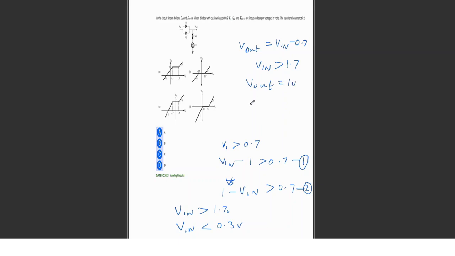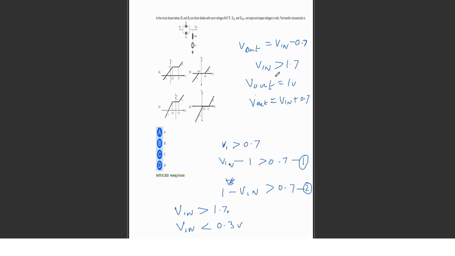Now if V in is less than 0.3, then there will be a drop of 0.7 volt across D2. So actually the output will be, 0.7 volt will be added to the input, because the direction of D2 is in such a way that V out will be actually V in plus 0.7.